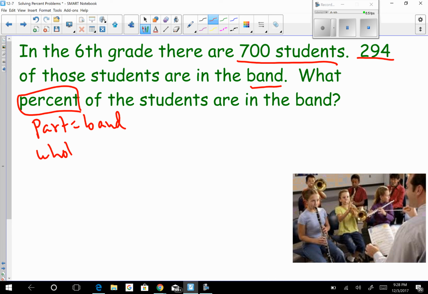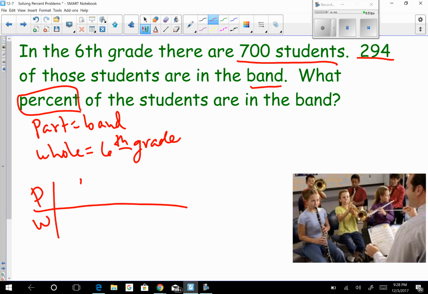Your whole is the 6th grade. Okay, and we're looking for a percent. So part, whole, percent out of 100. And we don't know our percent. Our part is who is in the band, so that's 294. Our whole group is the 700. That's the whole 6th grade.